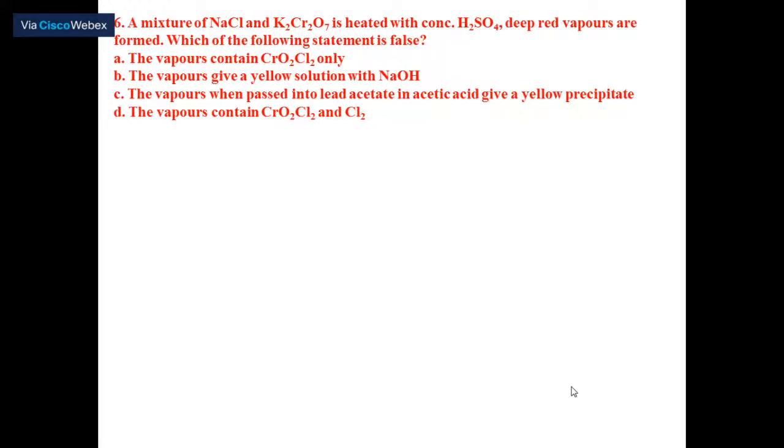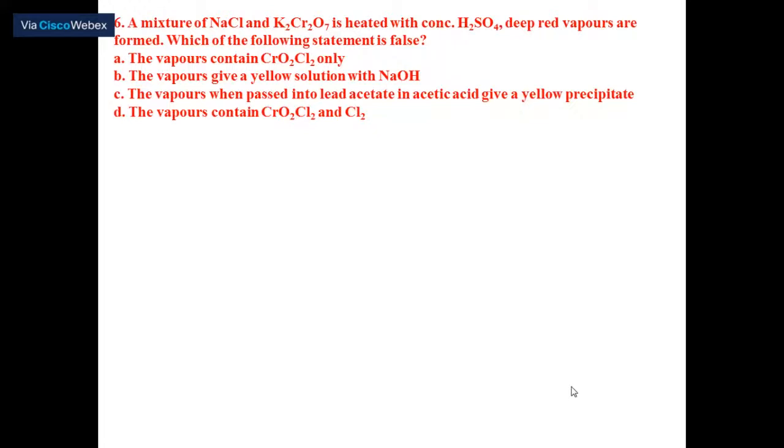Here the vapors contain CrO2Cl2 only. The vapors give a yellow solution with NaOH. The vapors when passed into lead acetate in acetic acid give a yellow precipitate. And the vapors contain chromyl chloride, CrO2Cl2, and Cl2.